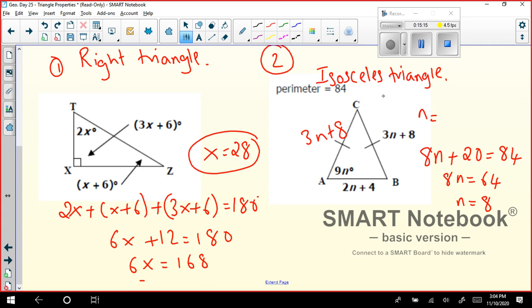Based on sides, it was an isosceles triangle, right? We will check based on angle as well. So if this is 8, I can also classify based on angle. 8 times 9 is 72 degrees. If this is 72 degrees, this angle is also going to be 72 degrees, because it's corresponding to the same side. These two sides are equal, so these two angles will also be equal.